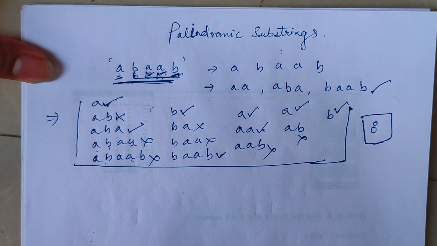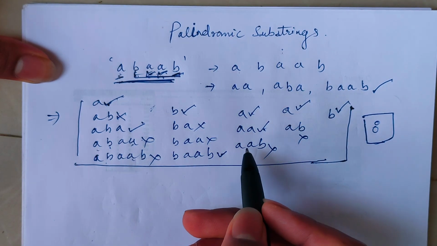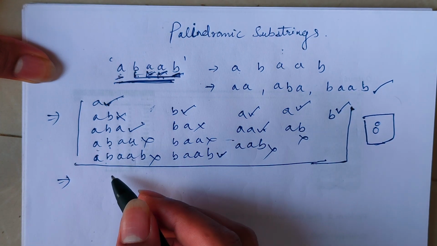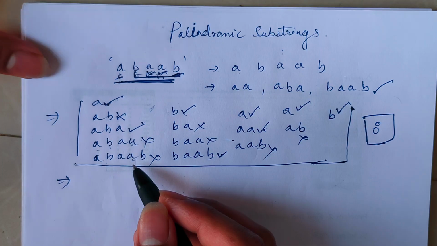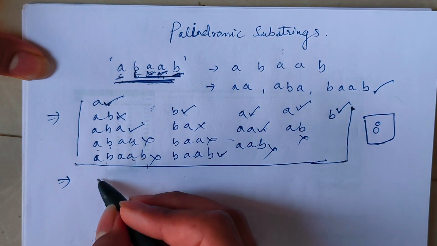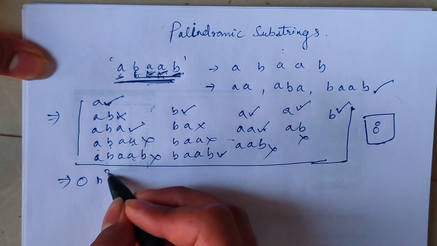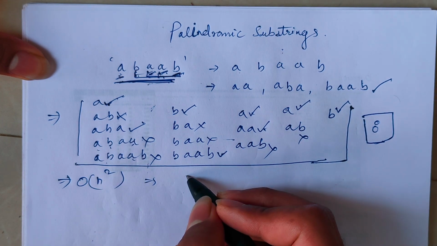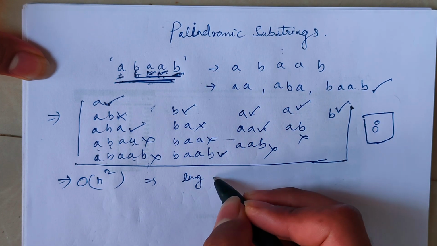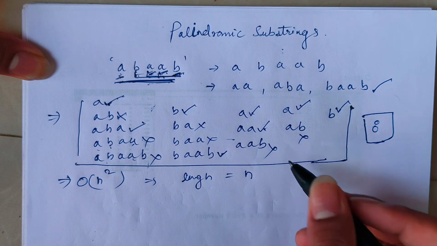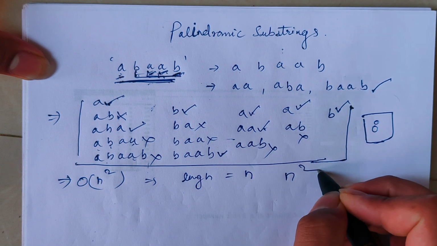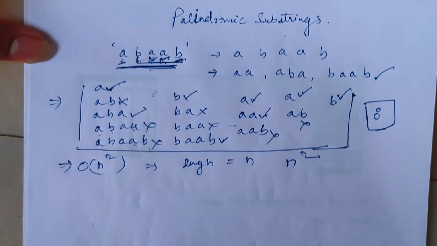So in this case we have generated every substring of the string. The total number of substrings of a string would be order of n square. Why? If the length of the string is n, then the total number of substrings would be n square, right?